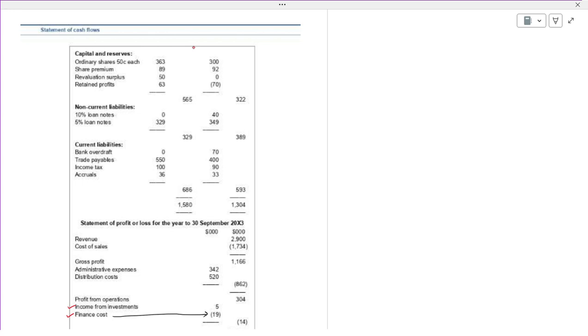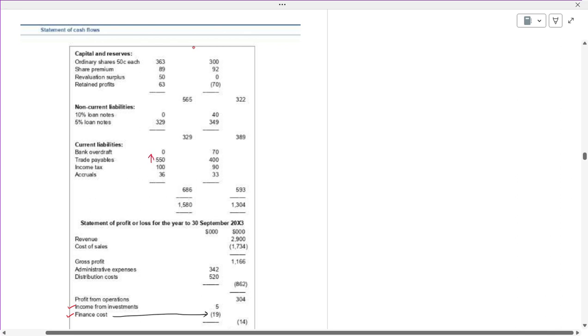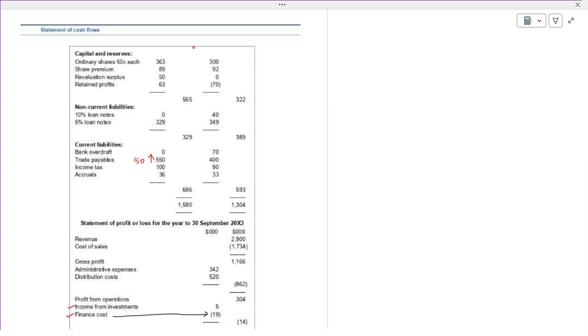Trade payables. What is happening? It is increasing. How much is it increasing? 150. Liability increases, cash will increase. Is it right?